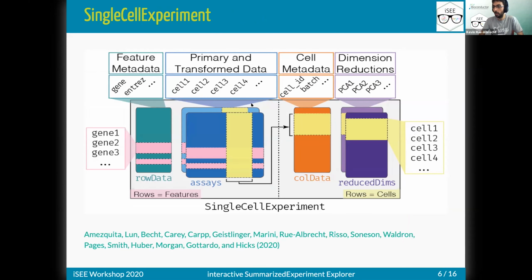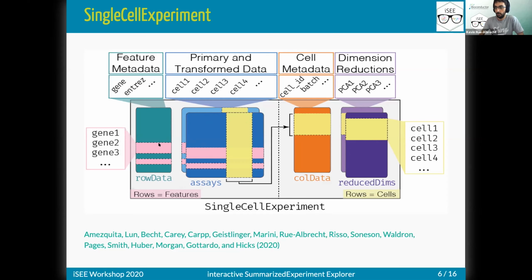I'm sure you're all familiar with the SummarizedExperiment by now, but I'm just going to go through it. It's a really powerful container for data and very versatile. At the center of the container, you have the assays, which are matrices, and you can stack as many as you want, one behind the other. The only restriction is that they all have to be the same dimension, so the same number of features, which can be genes, and columns, which are samples or cells.